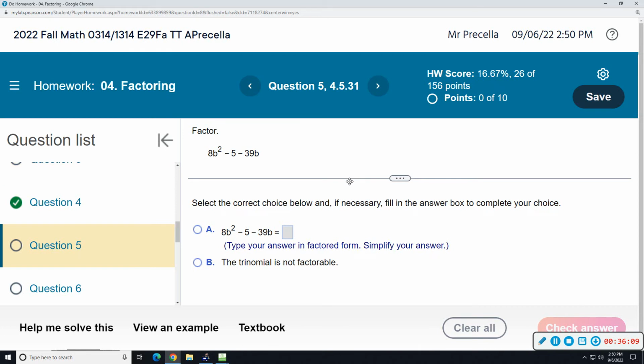Oh, look at number 5. There's something that I don't like about number 5. 8b squared minus 5 minus 39b. And I want to point out something.